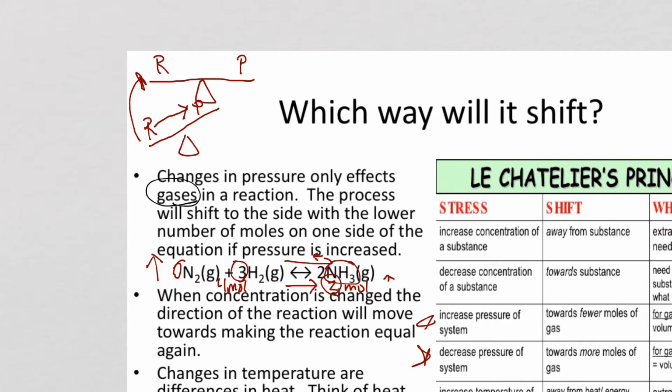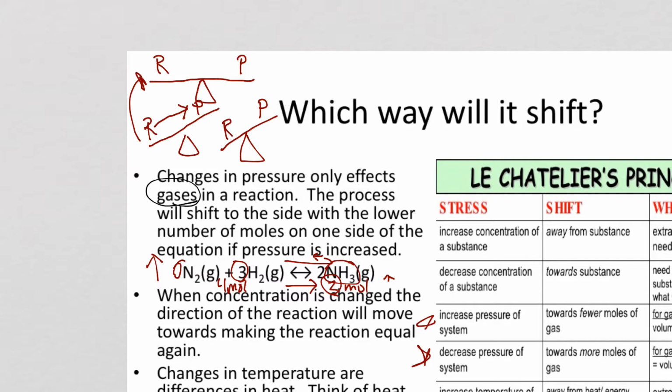Remember we talked about increasing reaction rate: increasing concentration increases the amount of collisions that can take place. So that will increase the reaction rate from the reactants to the products. Likewise, I get the same thing happening if I remove some of the products. If I remove some of the products, I still get the same result, to where there's now less products.